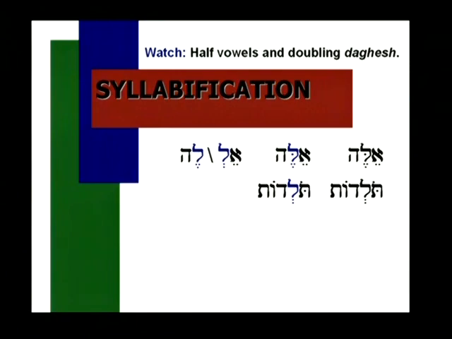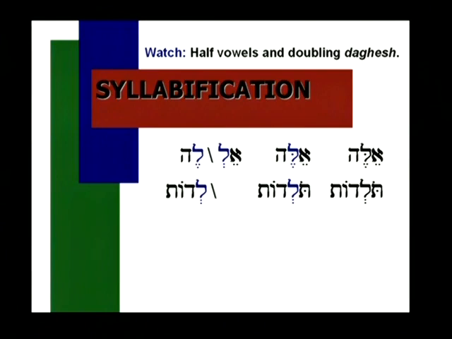So as we're looking at this, where does the accent come in this word? The end. So the first holum is not accented. If the first holum were accented, the schwa following it would be silent. That means this is a vocal schwa.